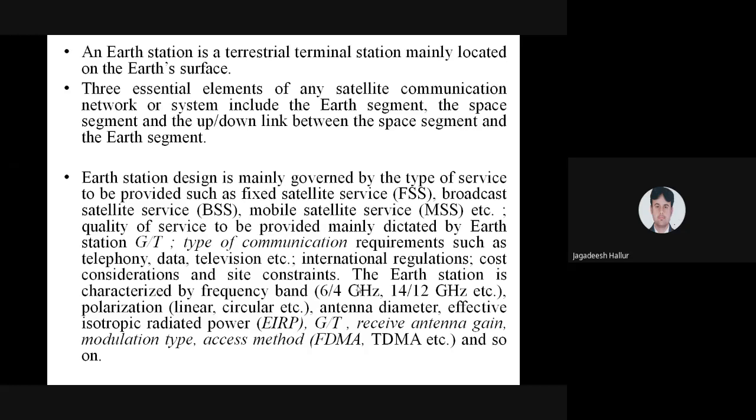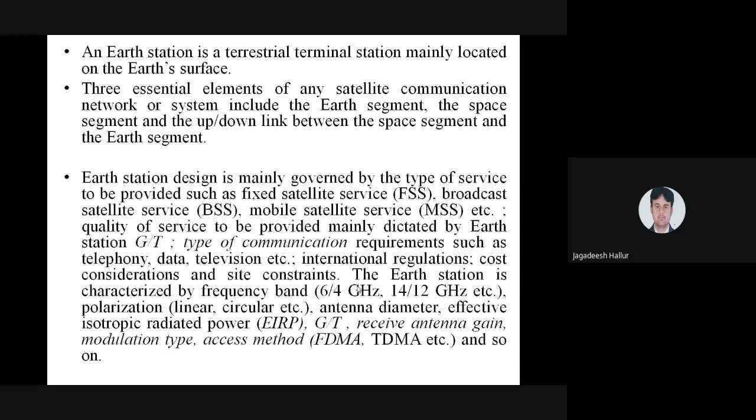Here, you have seen in unit number 2, satellite subsystem. The Earth segment is what you choose at the Earth itself. Whenever you launch a particular satellite in space, and whatever equipments support the particular satellite, that is the space segment.